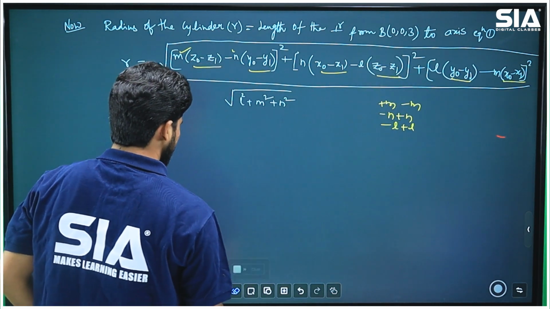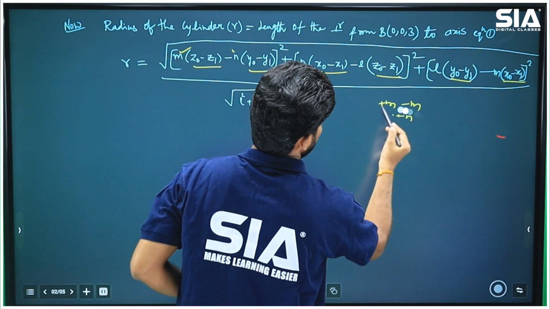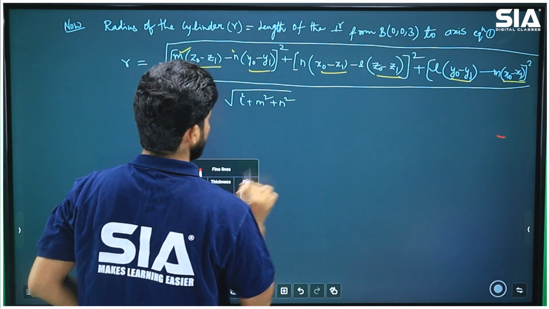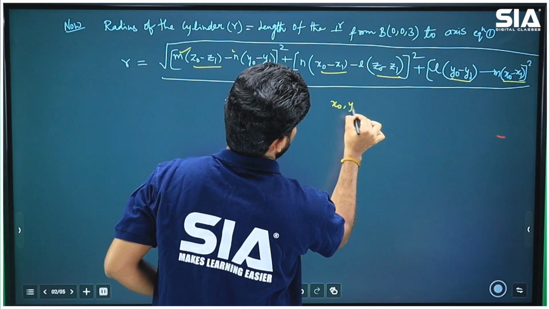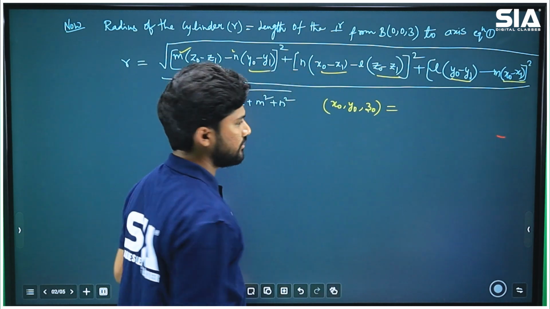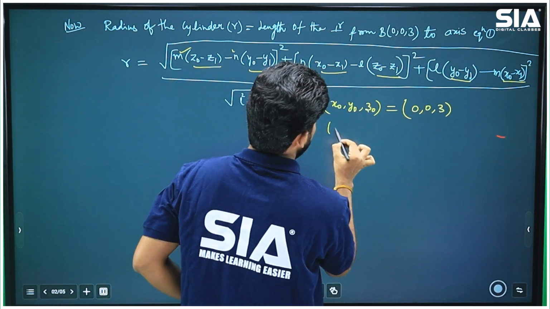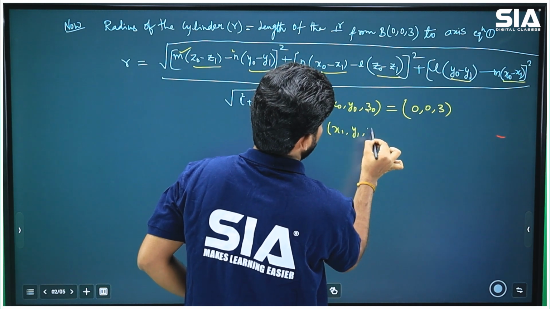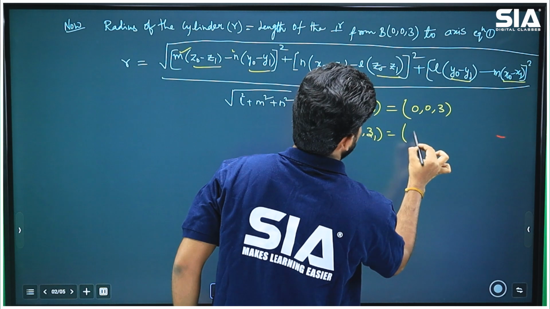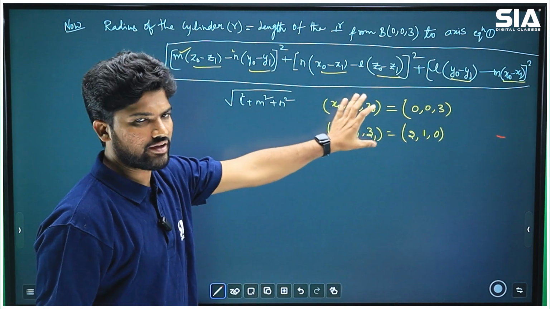Now what are the points here? x1, y1, z1 and x naught, y naught, z naught. What is the point on the cylinder? (0, 0, 3), so x naught, y naught, z naught is (0, 0, 3). What is x1, y1, z1? The point on the axis, which is (2, 1, 0). Be careful with the values.